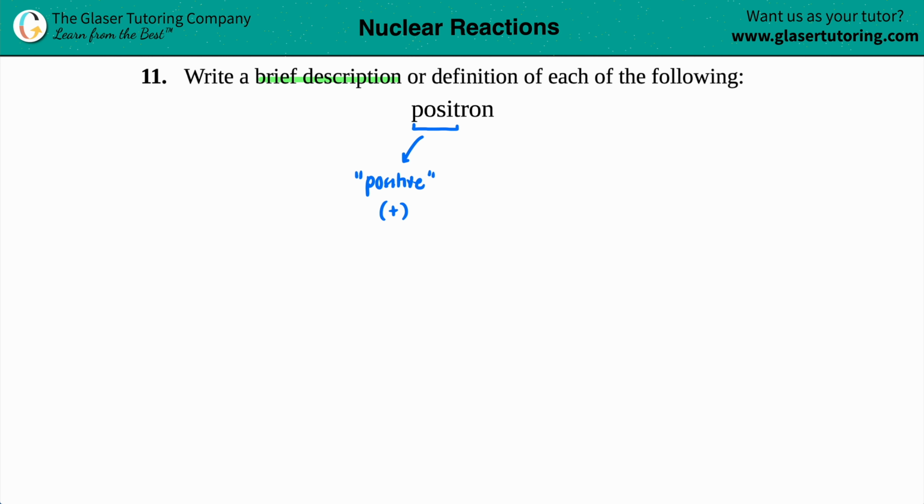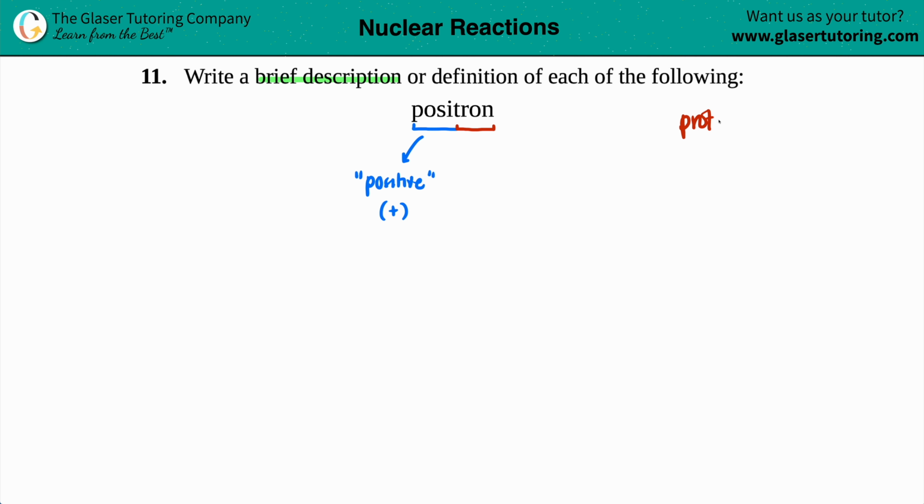Now let's look at the ending of the word, and it kind of overlaps. I'm going to take the T as well: tron. In this case, there are three different types of subatomic particles. There's the protron. No, I just made up my own subatomic particle.